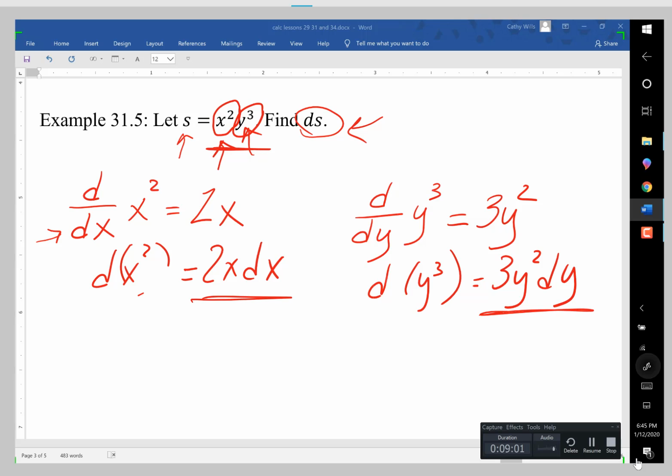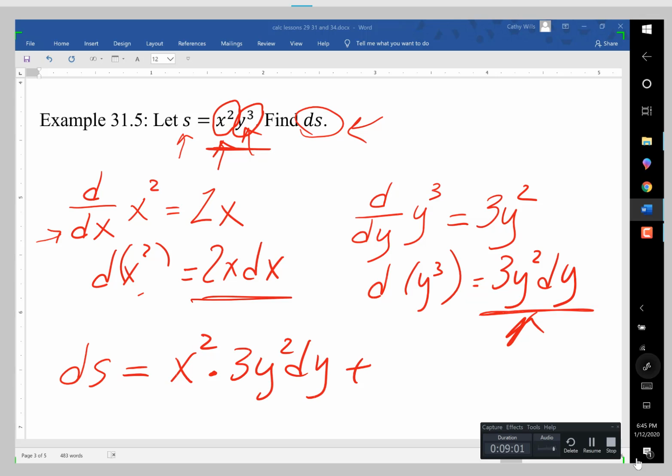So to find ds, the formula, the product rule for differentials, not derivatives, differentials, is you take the first function, x squared, times the differential of the second function, which is 3y squared dy.